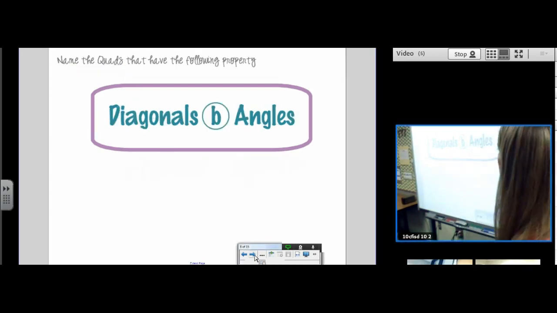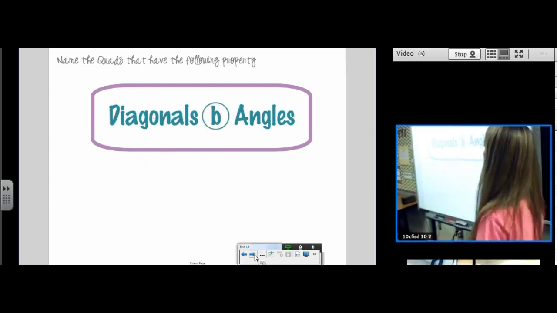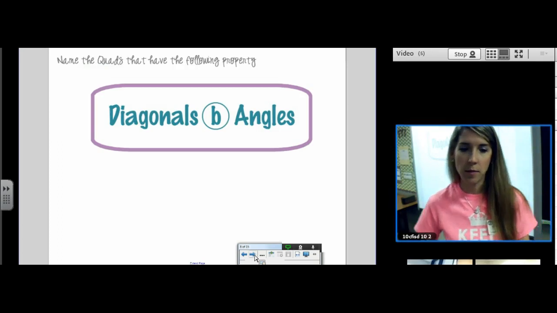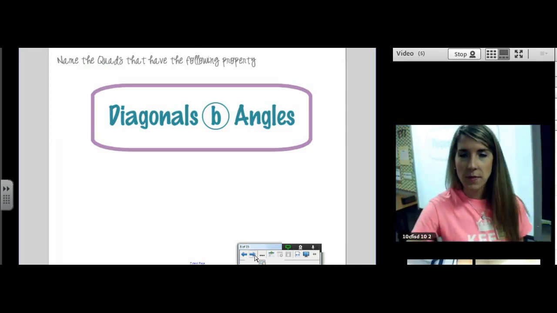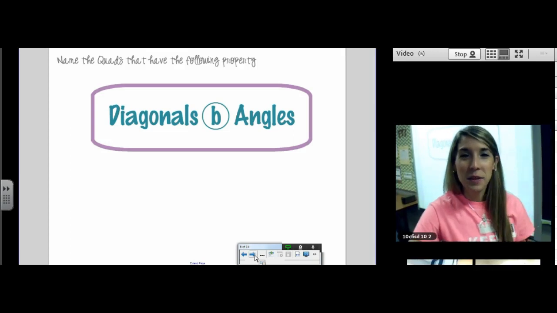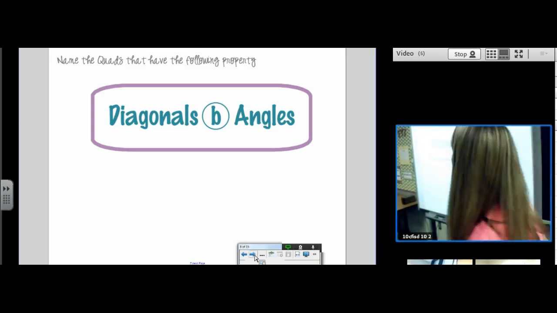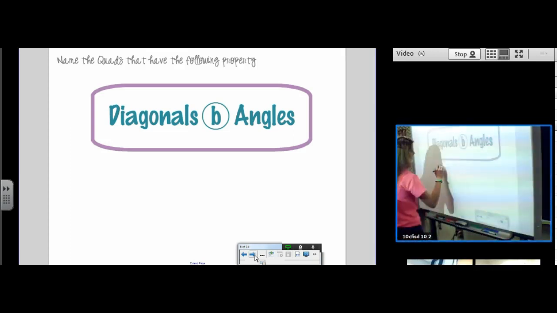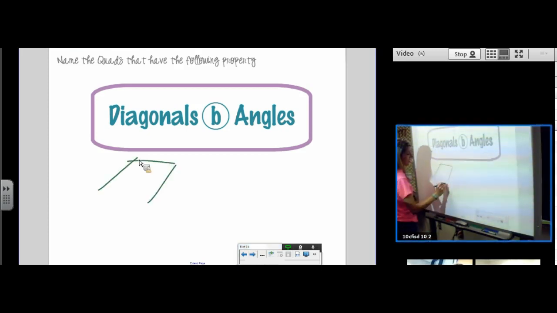Name the quads that have the following property. This one's a little bit tougher. You might not have remembered this one as well. Don't type the answer quite yet, please. The diagonals, what does that symbol mean? Bisect the angles. Yep. So believe it or not, the answer to this one is the exact same answer as the last one. This is not going to be a rhombus, sorry.